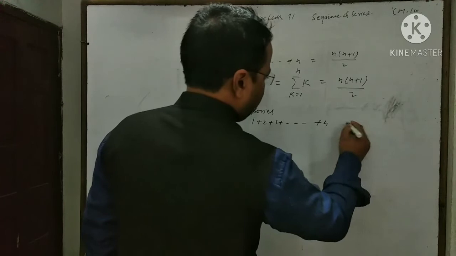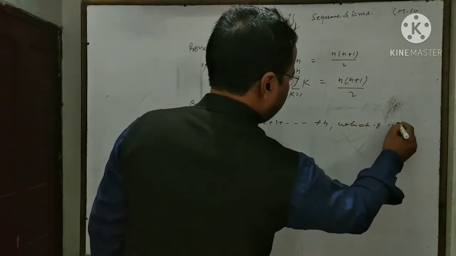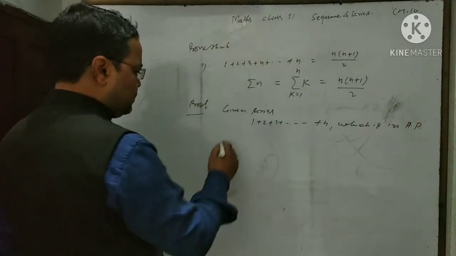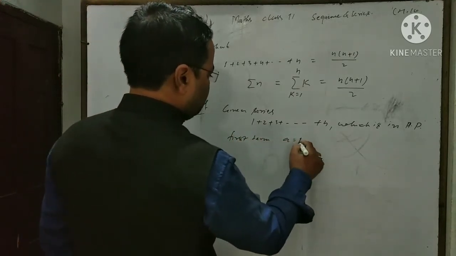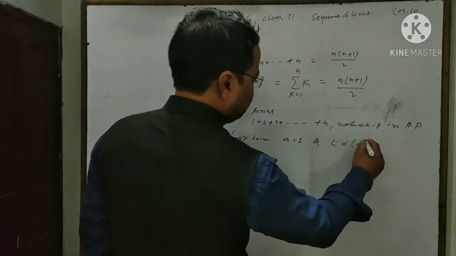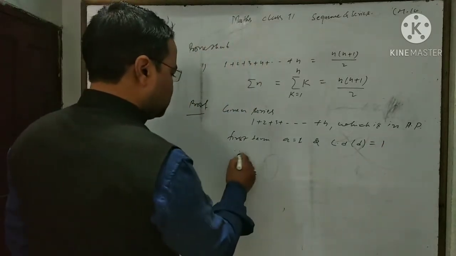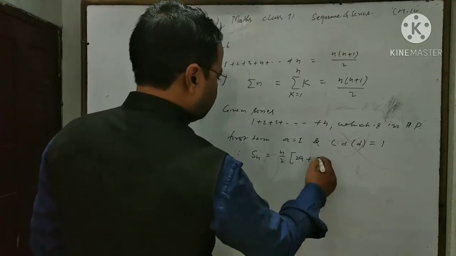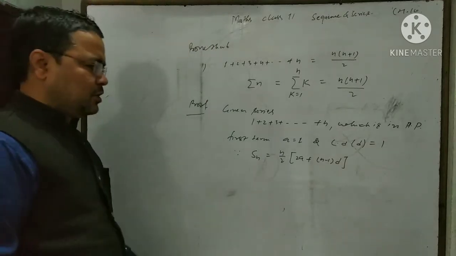Since this is in AP, that means arithmetic progression, where the first term a is equal to 1 and the common difference d is also equal to 1. We know that Sn is equal to n by 2 into 2a plus n minus 1 into d. We all are familiar with this formula.